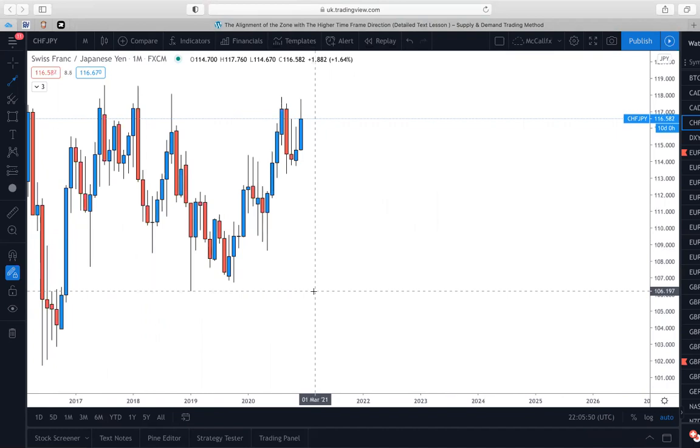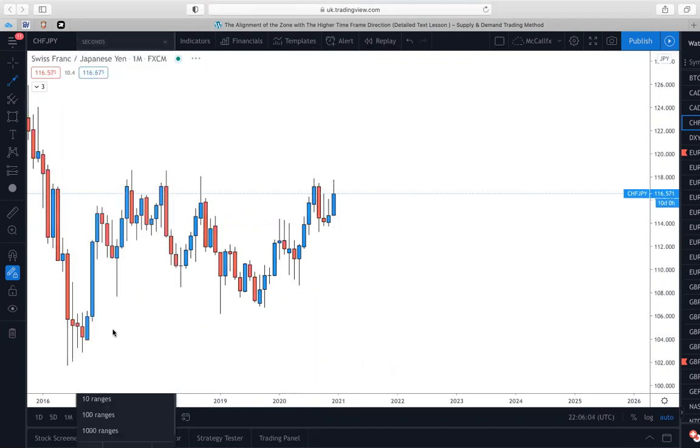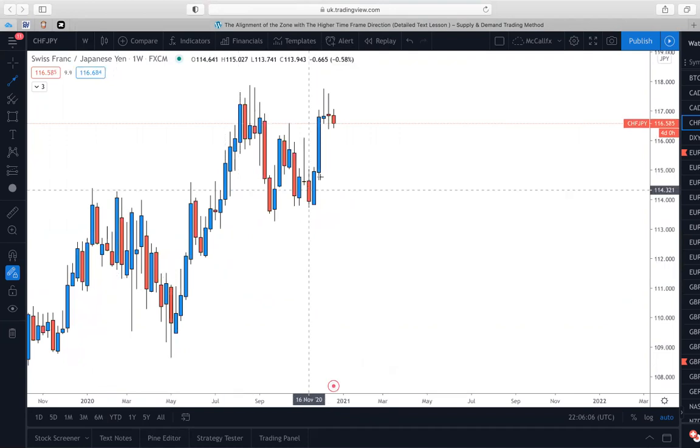How do you know if the market is trending? The monthly time frame, the weekly time frame, and the daily time frame have to be aligned. So if the monthly time frame is going up, the daily and weekly time frames also have to be bullish. If one is bearish, then you don't consider this pair trending, or you don't take this trade.